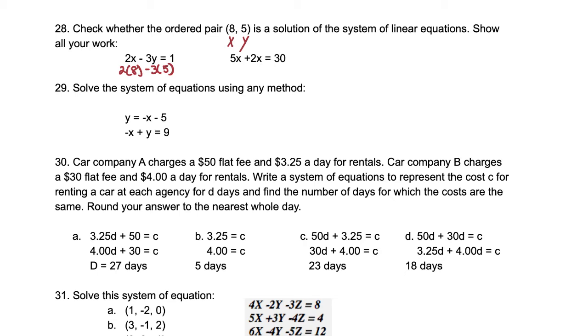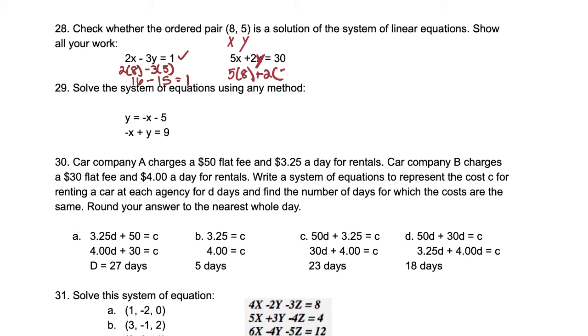That's 16 minus 15, which is 1. Yep, that checks. Let's check it in the other one. 5 times 8 plus 2 times... Oh, I think Mr. Todd has a typo in there. That's supposed to be a y right there.